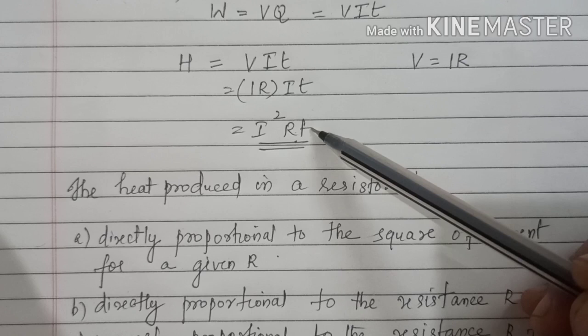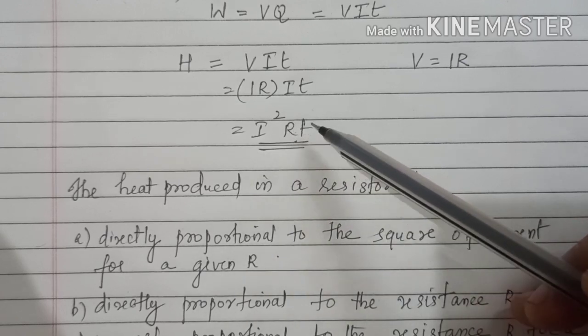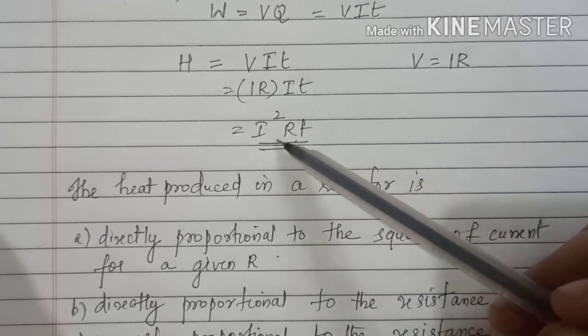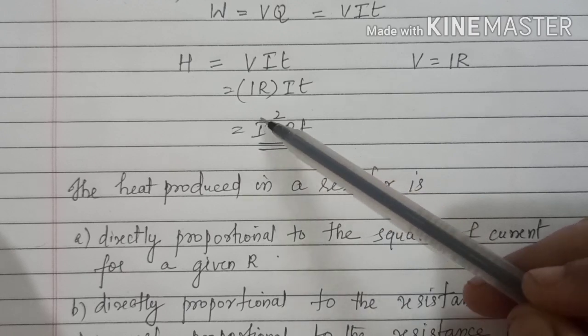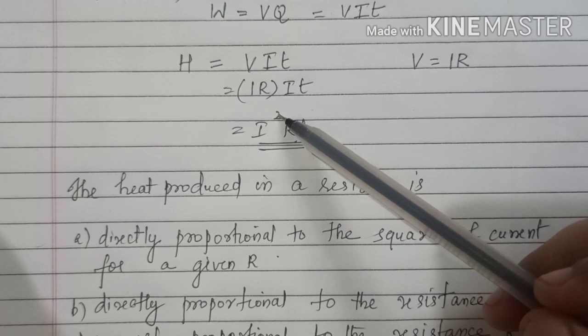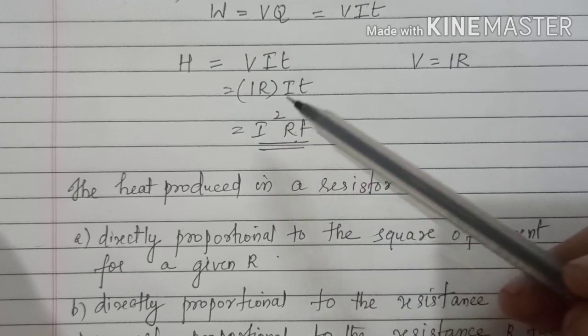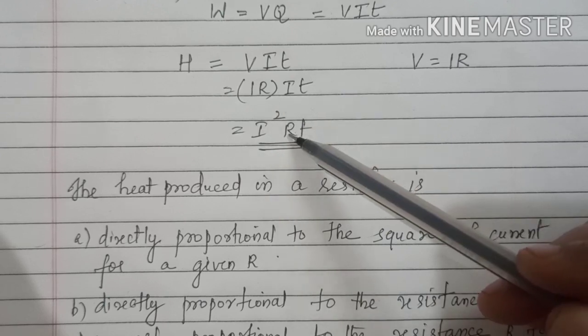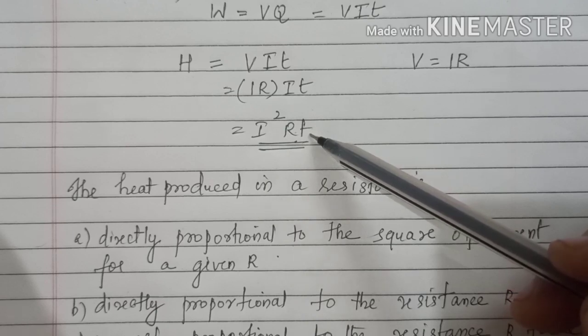T is time. So I is the current, R is resistance, T is the time. Directly proportional to three quantities, where in the term of current there is a square.